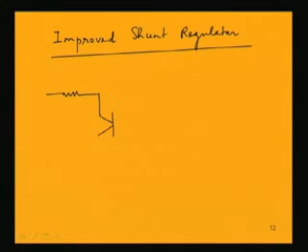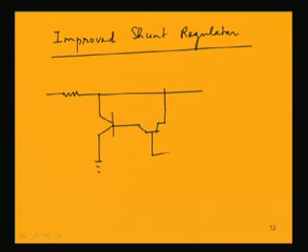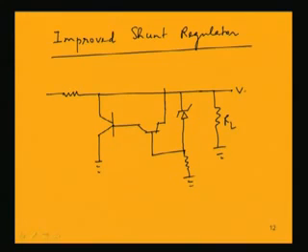We have two transistors, they are connected as shown here. We have a Zener diode also. The load resistance RL, this is V0.